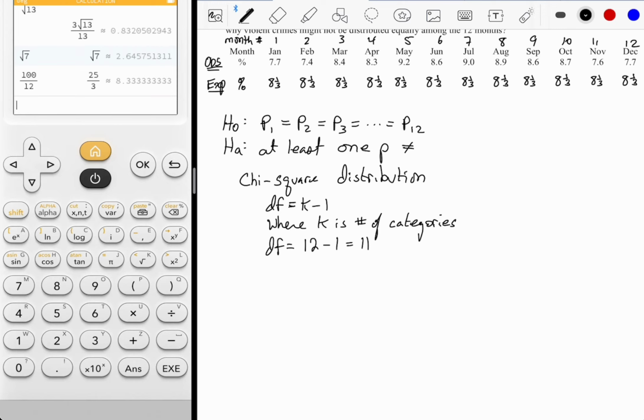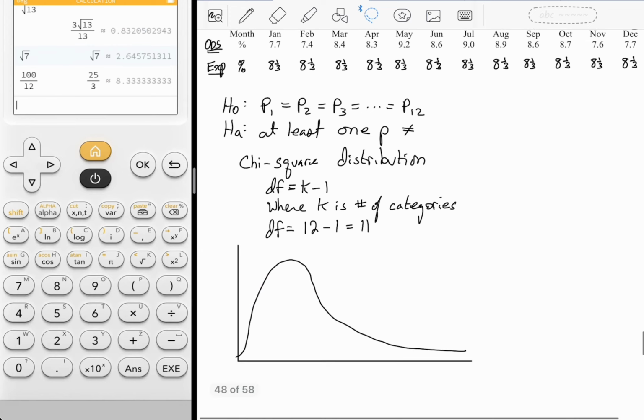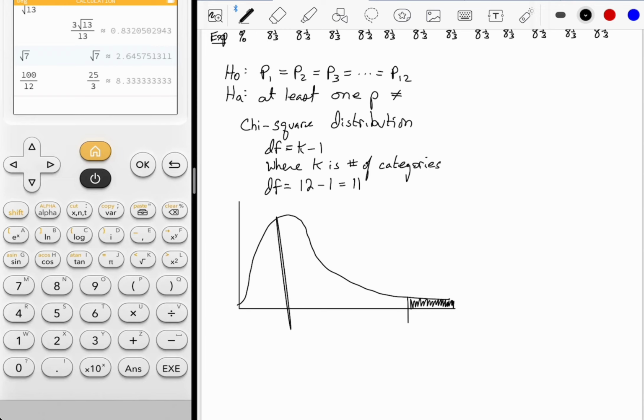All right. Now, a chi-square distribution is always right skewed and non-negative for reasons that we will get to. Right skew: bulk of the data on the left, tail on the right.